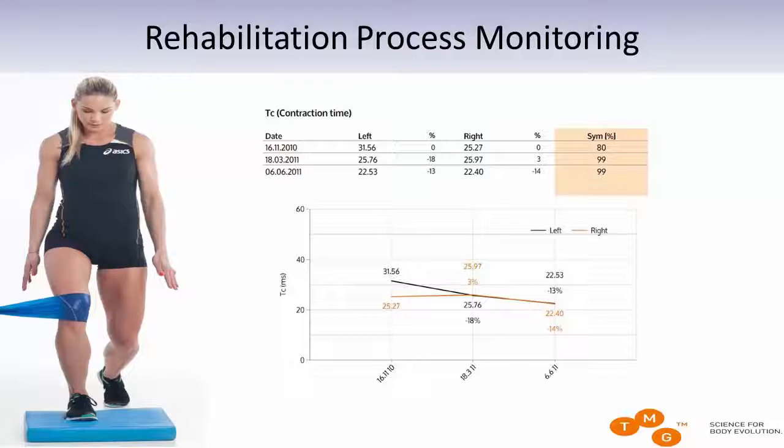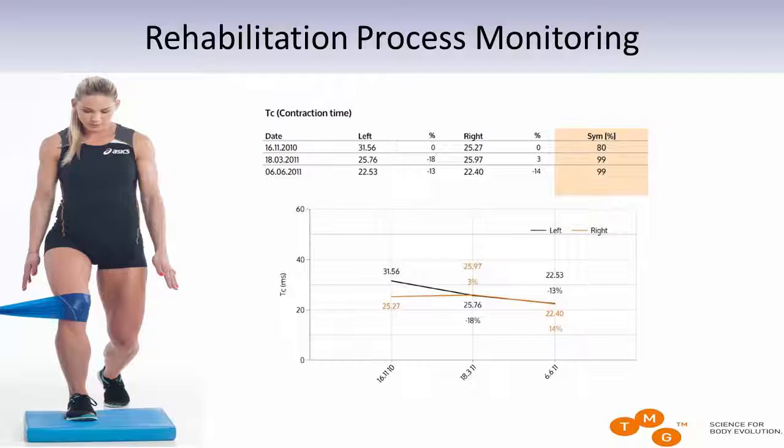This is just an example of 3 different measurements. Because we didn't have the measurements before an injury, this is just an example of healthy and injured muscle. So it's about 20% difference in contraction time after an injury. Then after a few months, because they worked on that muscle, but usually, of course, this time period should be much, much shorter. This example is of measurements that we did predetermined, so we didn't follow the rehabilitation process.